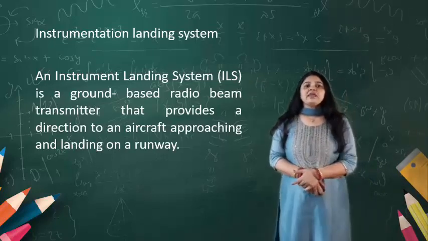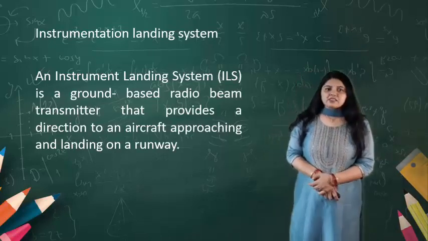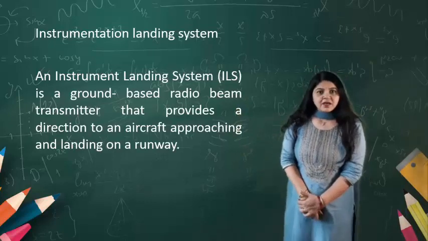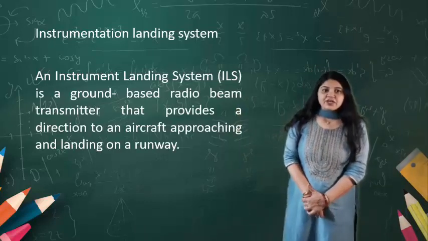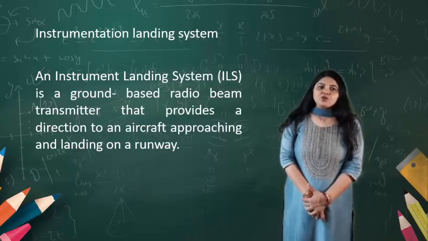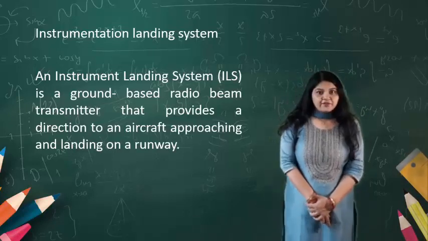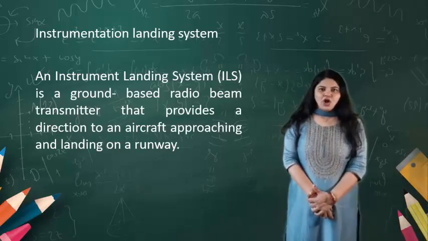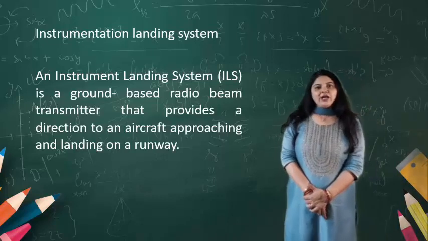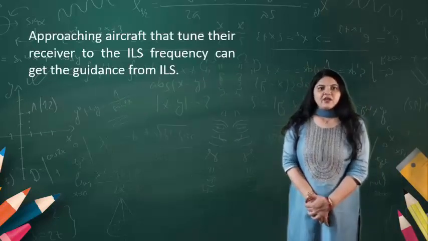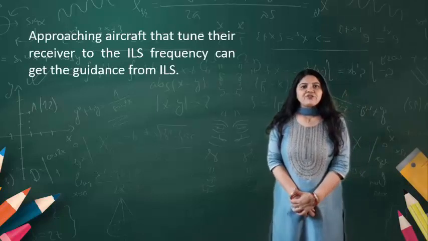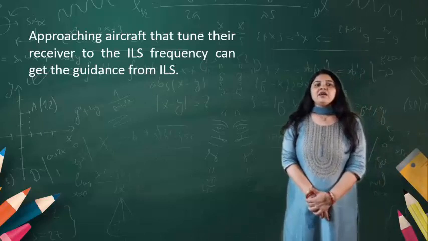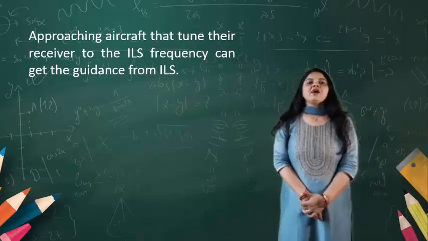ILS is the instrument landing system, a ground-based radio beam transmitter that provides direction to an aircraft approaching and landing on a runway. Without the signals from this, the pilot does not decide on landing onto the runway. Approaching aircraft that tune their receiver to the ILS frequency can get guidance from the ILS.